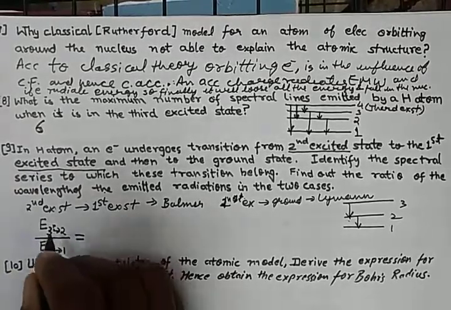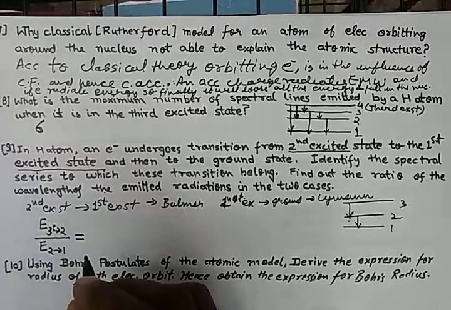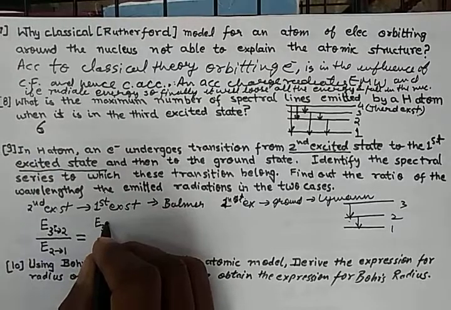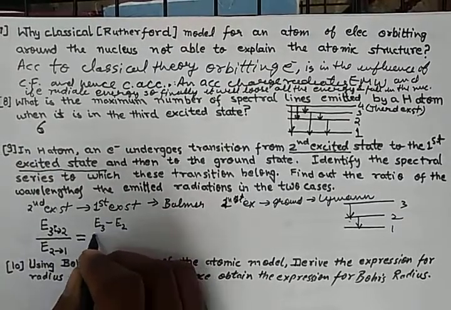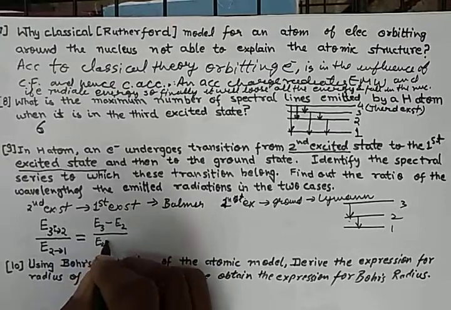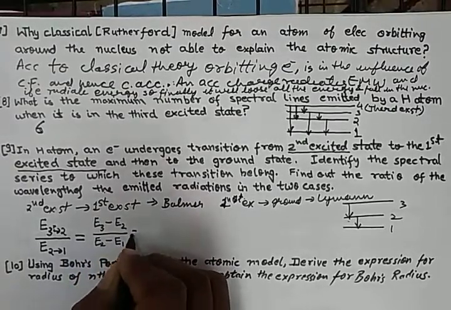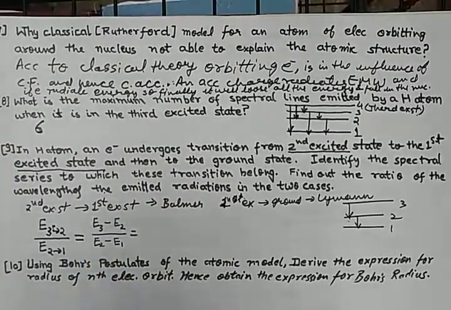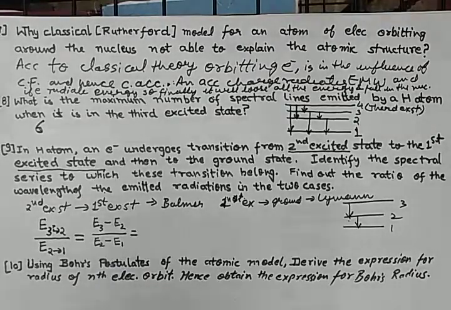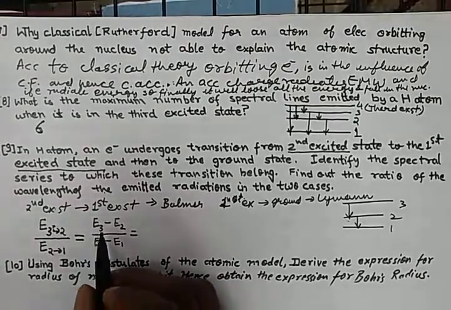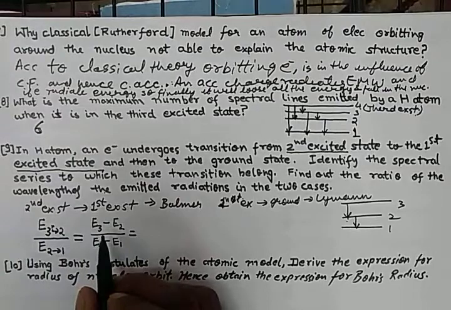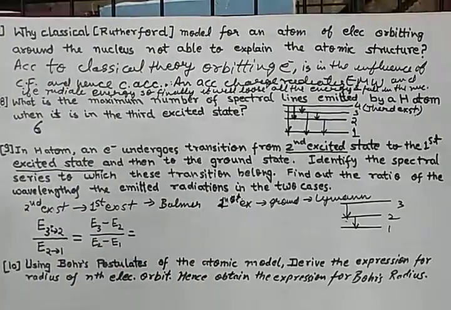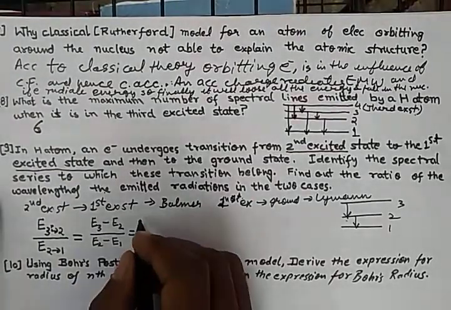That is equal to E3 to E1, means E3 minus E2 upon E2 minus E1, and that is E3.